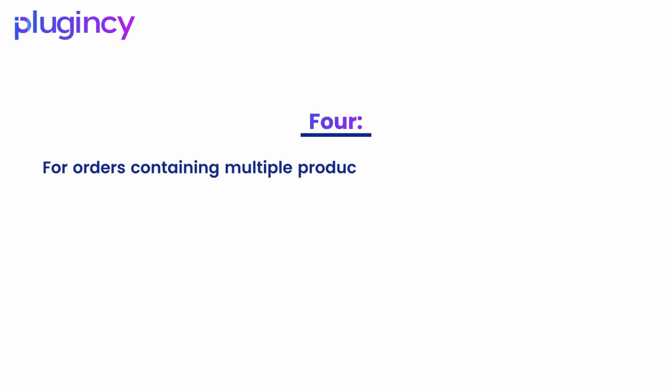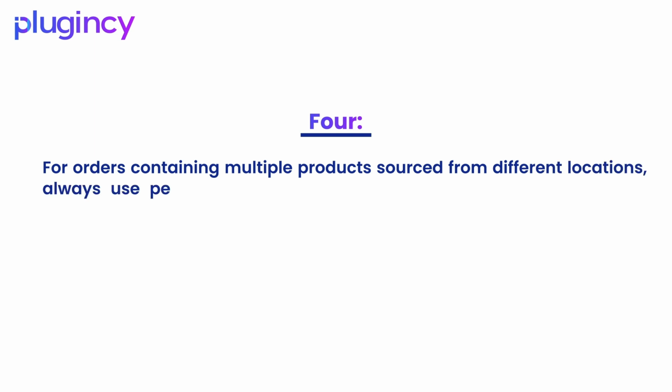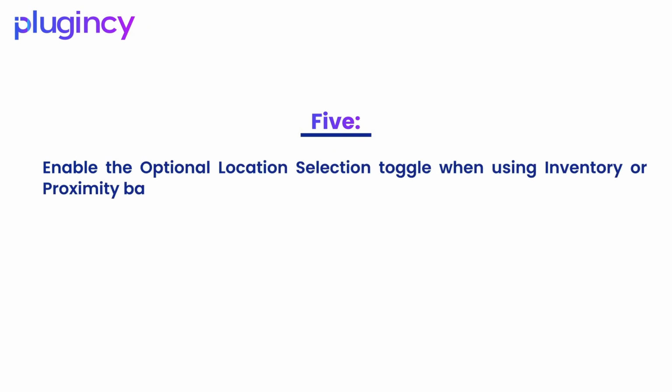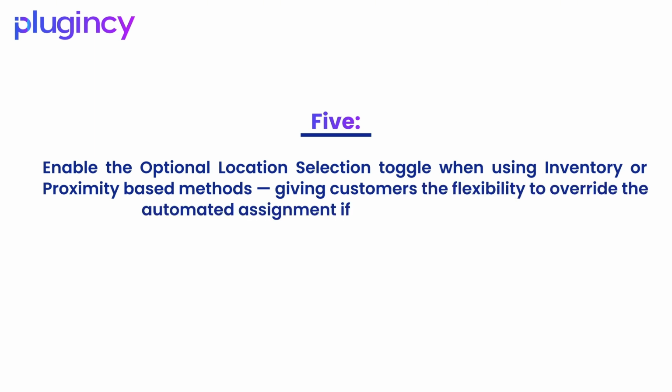For orders containing multiple products sourced from different locations, always use per product manual assignment to ensure each item is fulfilled from the correct warehouse. 5. Enable the optional location selection toggle when using inventory or proximity-based methods, giving customers the flexibility to override the automated assignment if they have a preference.